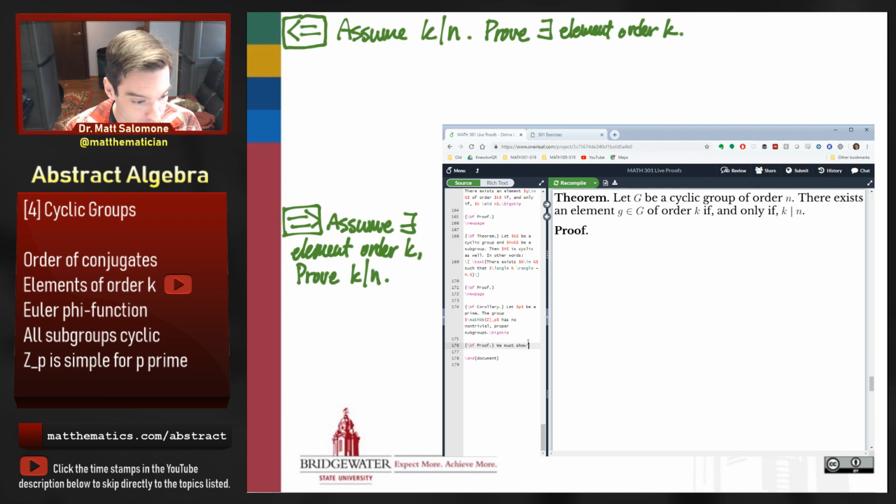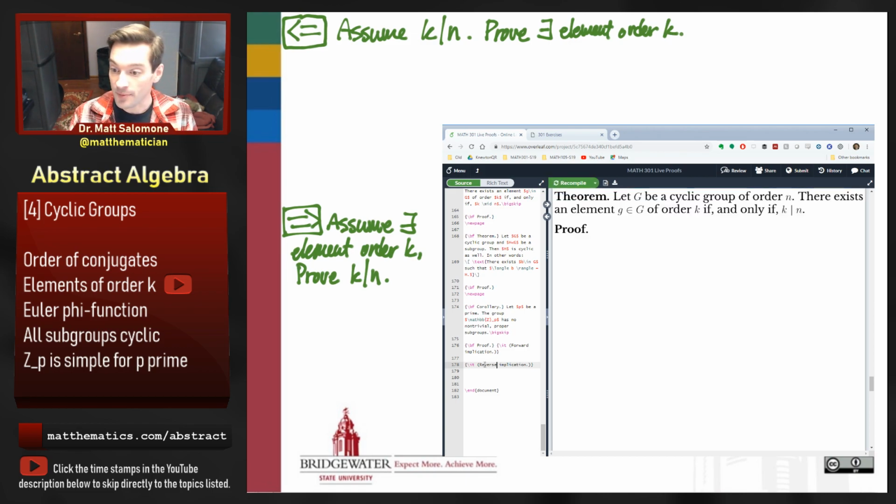We must show. Well, here's often how mathematicians, when they're writing up a proof of an if and only if biconditional, will split it up. They'll section their proof into two sections, a forward implication and a reverse implication, or a backwards implication, depending on how you want to call it.